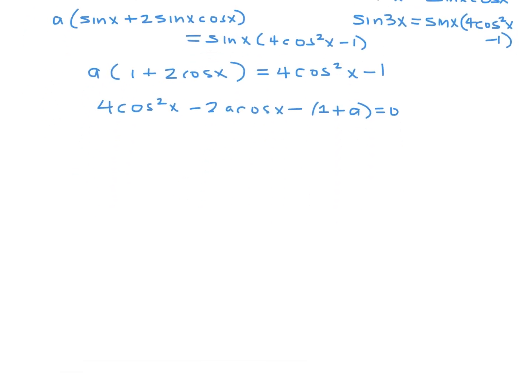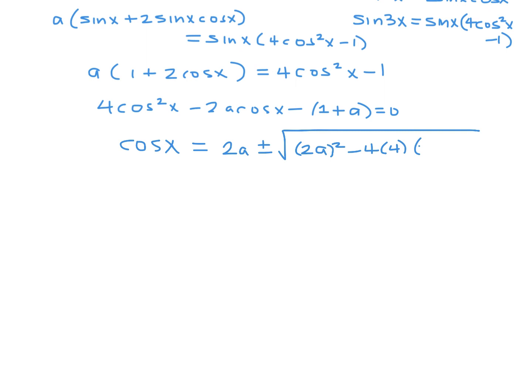So now it's a quadratic, so we just use the quadratic formula to solve for cos x. And when you do, you get 2a plus or minus the square root of (2a) squared minus 4 times 4 times the quantity minus (1 plus a), all over 2 times 4.